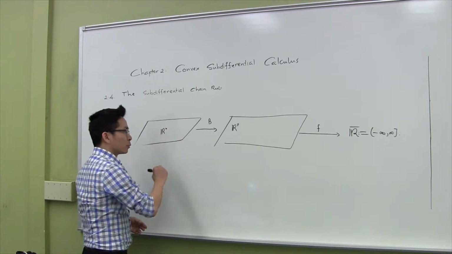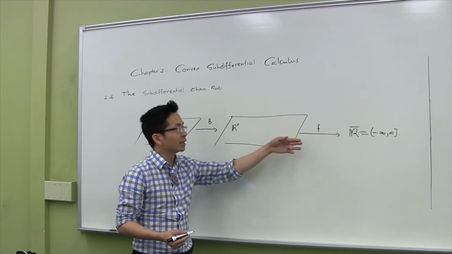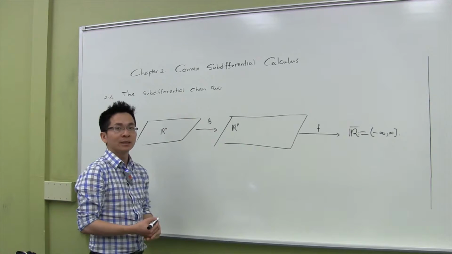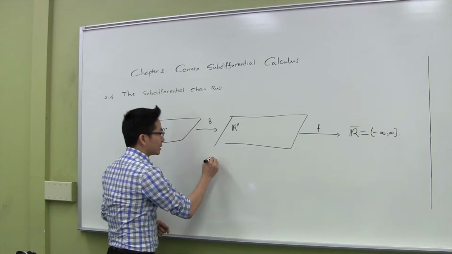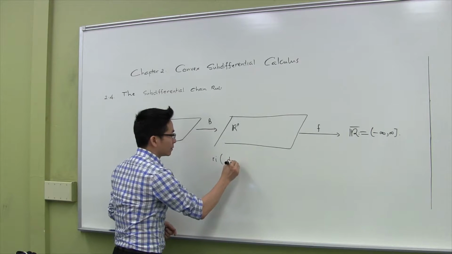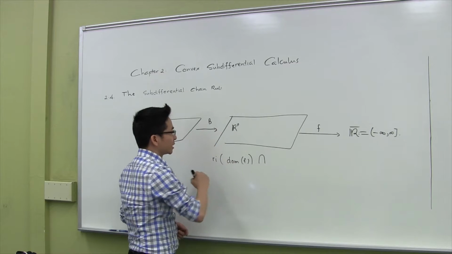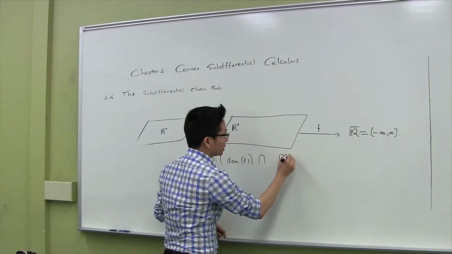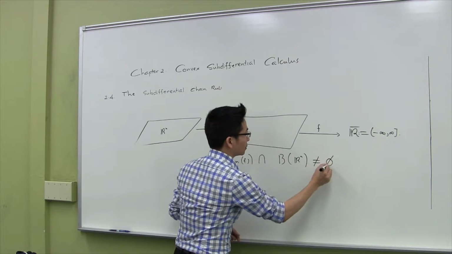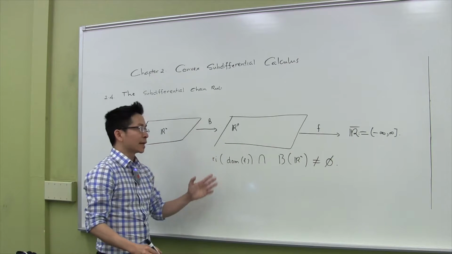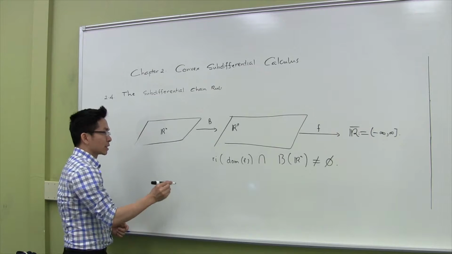So what does it mean by the domain of f intersects the range of b significantly? It means the following: the relative interior of the domain of f intersects the range of the function b, that means b of R^n. Okay, so if this intersection is non-empty, then we always have the following subdifferential sum rule.